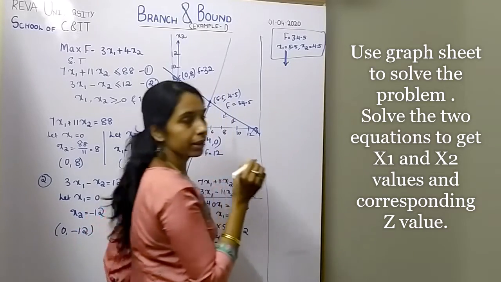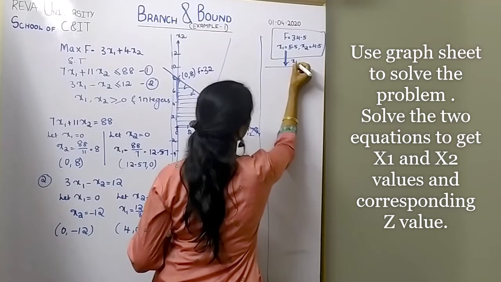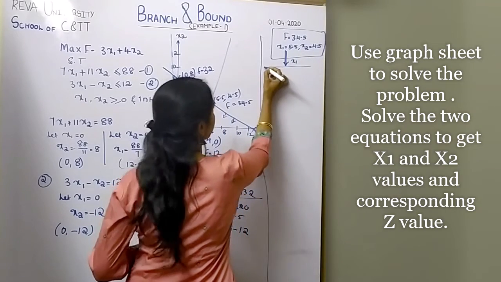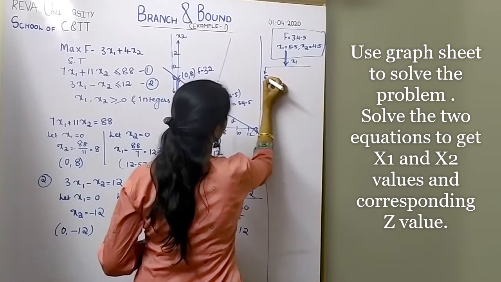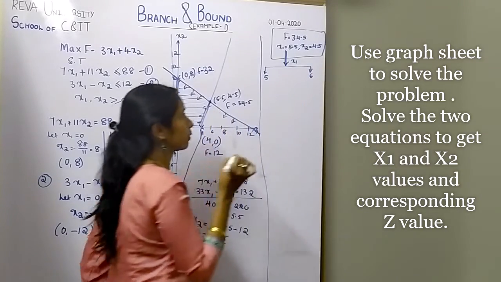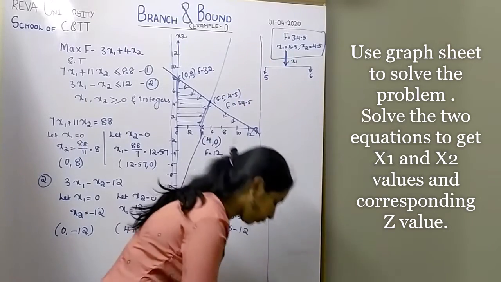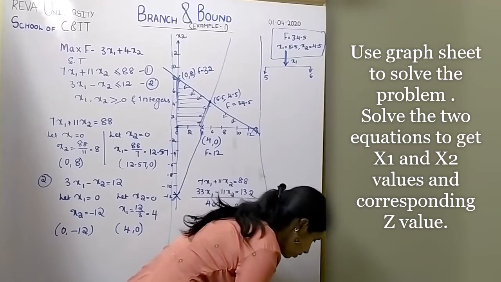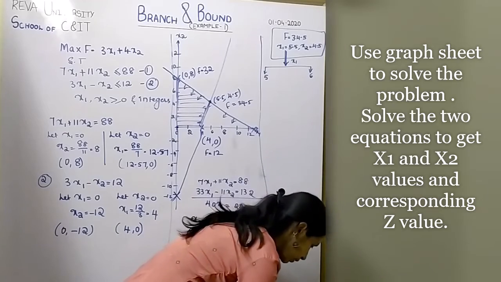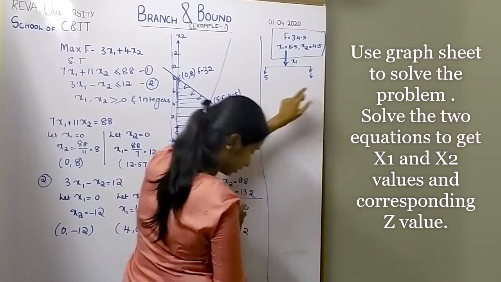This x1 value 5.5 resides within 5 and 6. Correct? Now I am going to branch it because I want to get the integer value. So this value lies between 5 and 6.